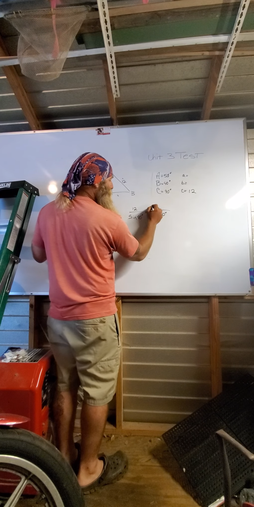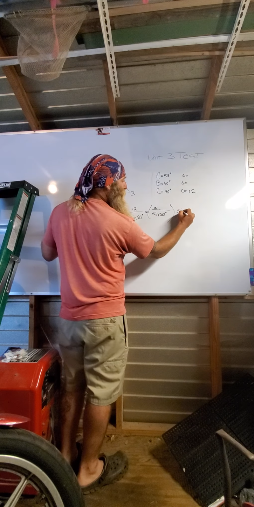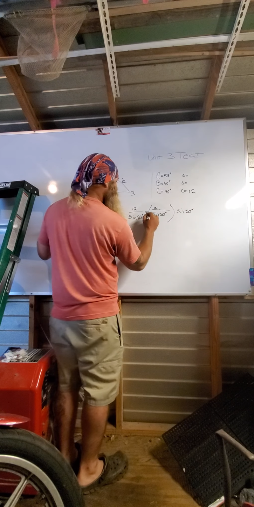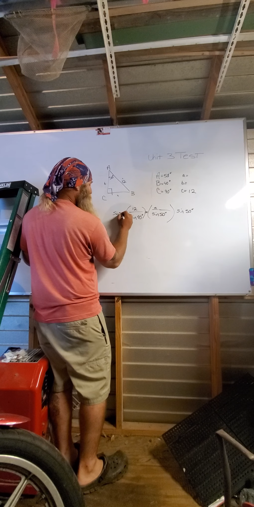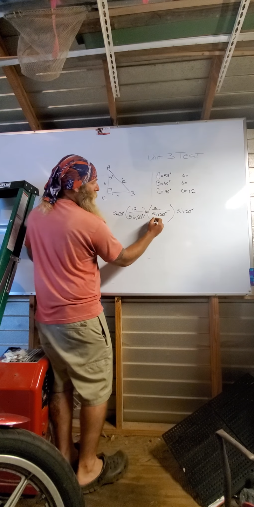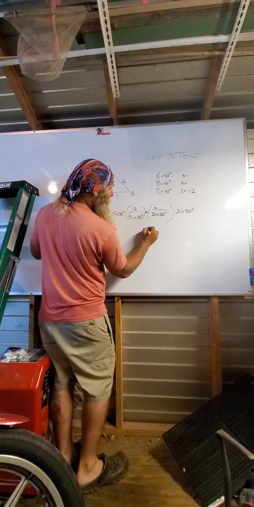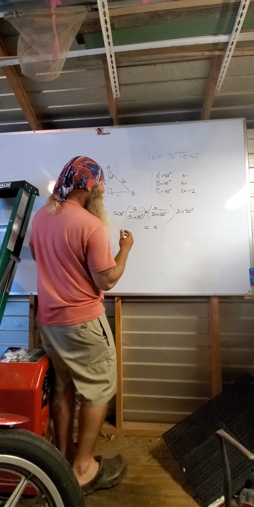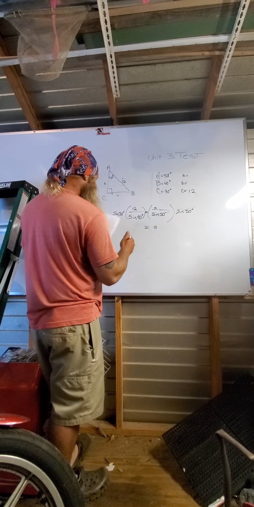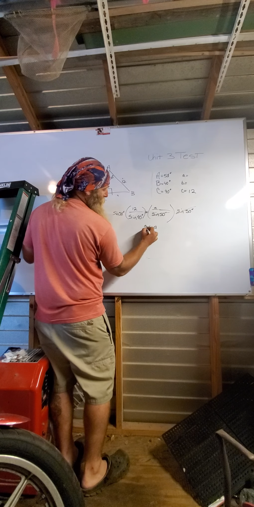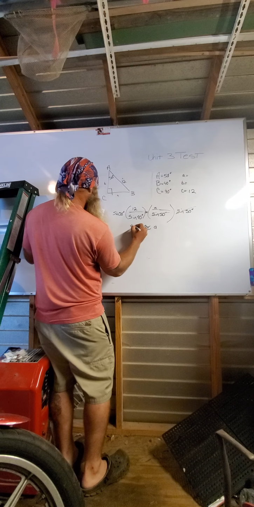And to get rid of this, I times both sides by sine 50. And this crosses out. That leaves me with A, which is approximately 9.20.